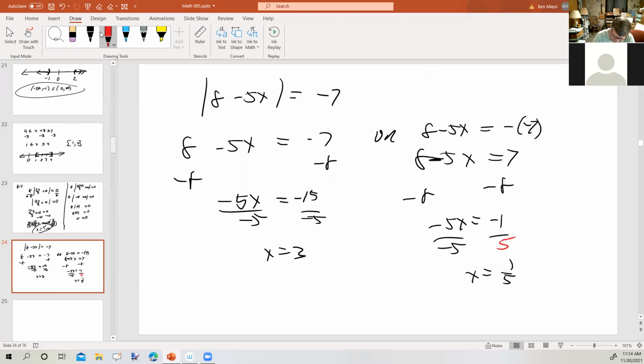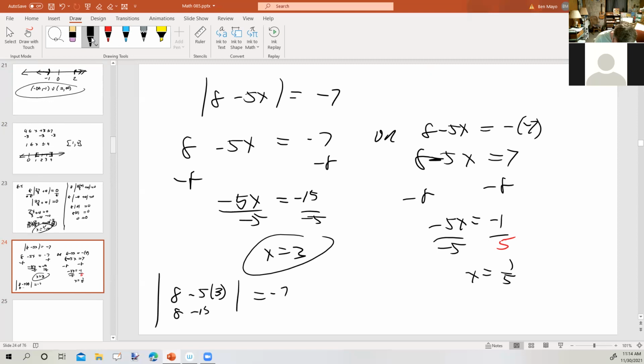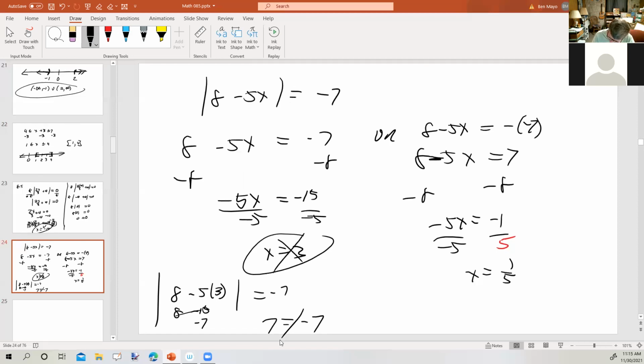Let's try those answers and see what happens. If we take x equals 3, we get the absolute value of 8 minus 5 times 3, which is 8 minus 15, which is -7. The absolute value of -7 is 7. 7 doesn't equal -7.